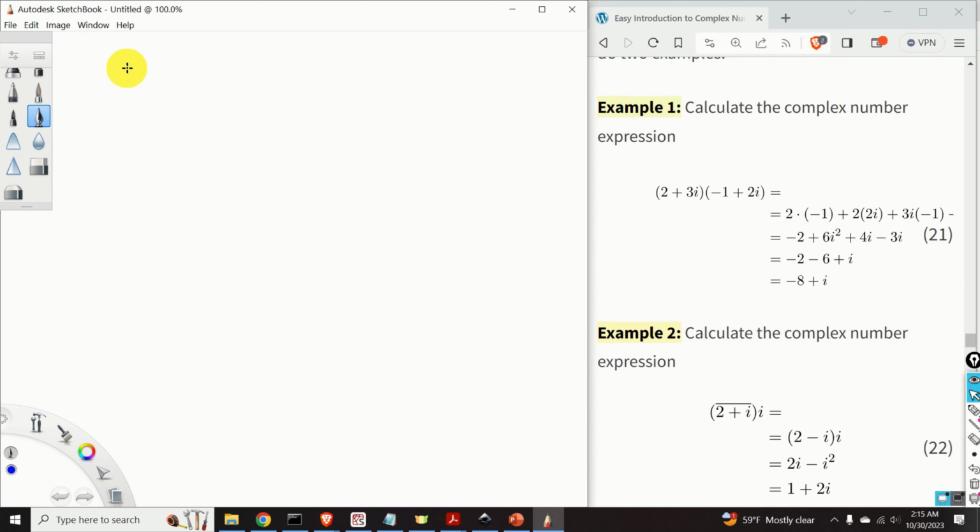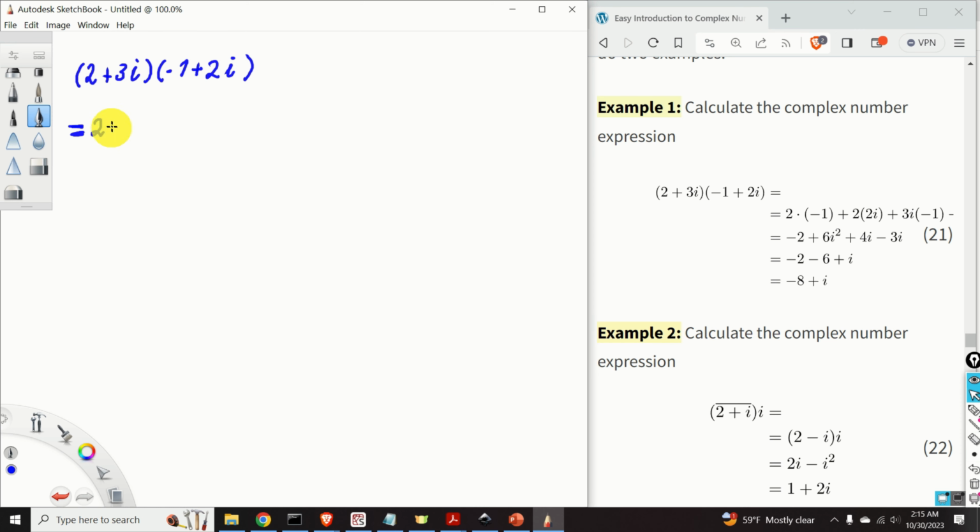Here's the first example. We want to simplify this expression: 2 plus 3i multiplying minus 1 plus 2i. Let's see. What do we do over here? First, we will multiply 2 with all the terms over here.